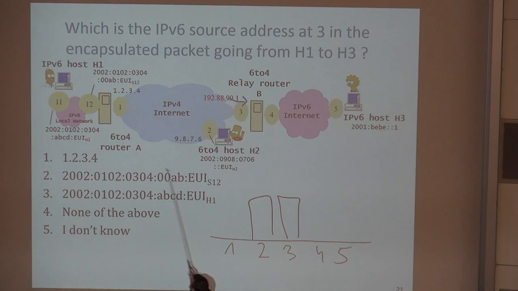It's not the IPv6 address of this machine, because this machine, A, has just done its job of an IPv6 router. It has received an IPv6 packet, has analyzed the destination, has found that the next hop is this one, which is the IPv6 address of this anycast that corresponds to the red address. So it has just taken the IPv6 packet and encapsulated it without changing the source address, of course. So this is the correct solution.